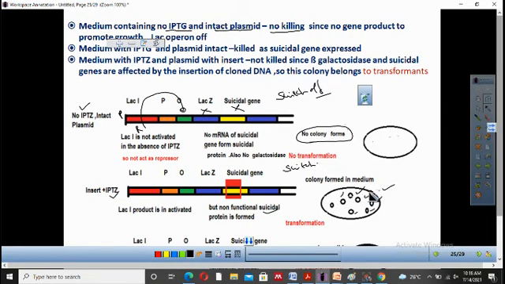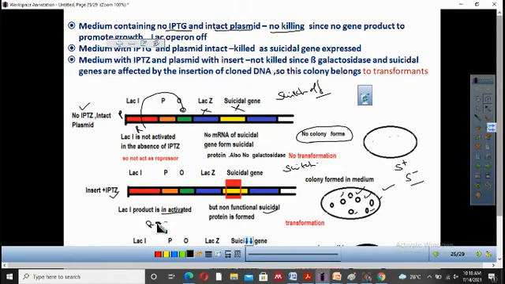In this colony, this is the case when there is a transformation, that is, the integration. It means that the suicidal wild type is converted into the suicidal mutant type, even if IPTG is present. So IPTG is an inducer. Inducer means it will inactivate the repressor. So the lac I product is inactivated.